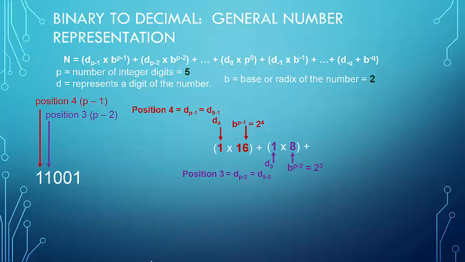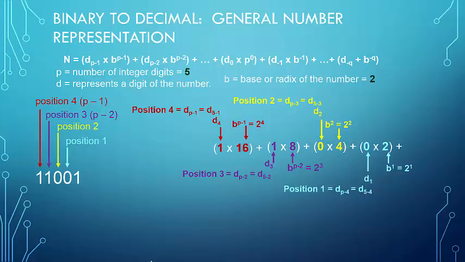So the position 3 bit is a 1 multiplied by 2 raised to the 3rd power. Position 2 and position 1 are both zeros, and while they're multiplied by their bases raised to the appropriate power, 0 multiplied by anything is still 0.